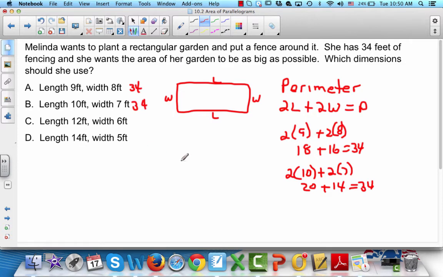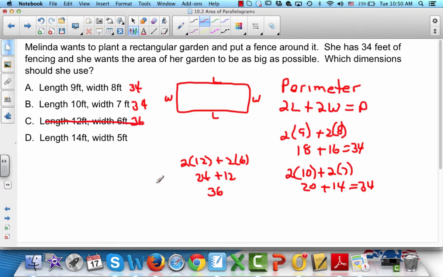Then this one, 2 times 12 plus 2 times 6. That gives us 24 plus 12 is 36. We can't use this one because she only has 34 feet, and this one requires 36 feet, so this one won't work.